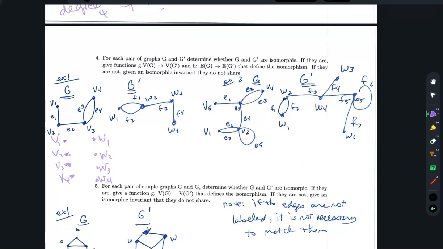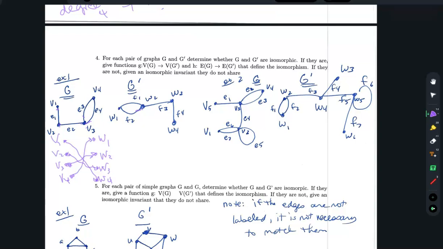V1 is here, has degree 1. Well, there's only one, right? It's W4. And then V2 is here, has degree 2. So that's got to be W3. And then V3 is here, and it's got degree 3. So that's got to be this W2. And then the last one, V4 to W1.